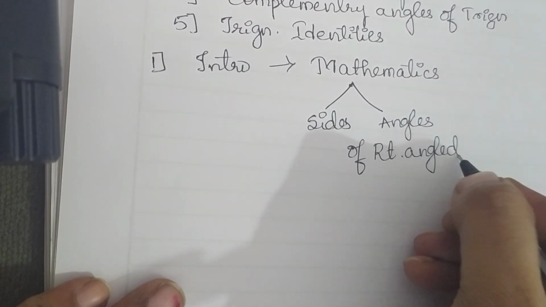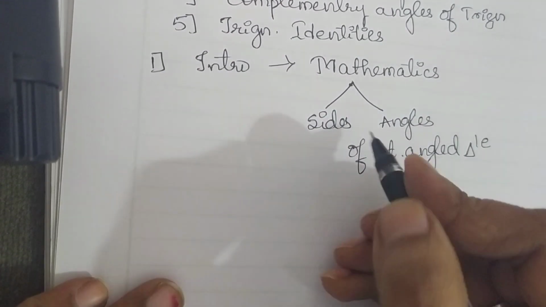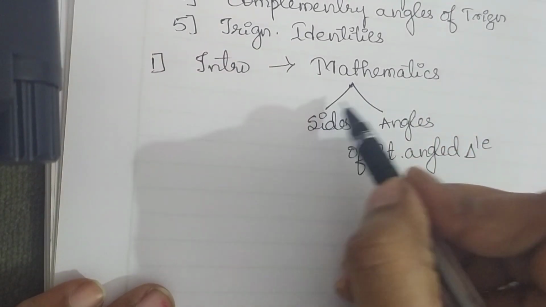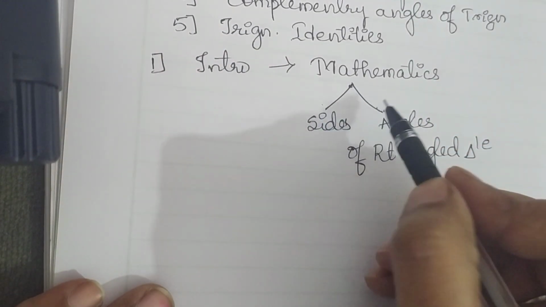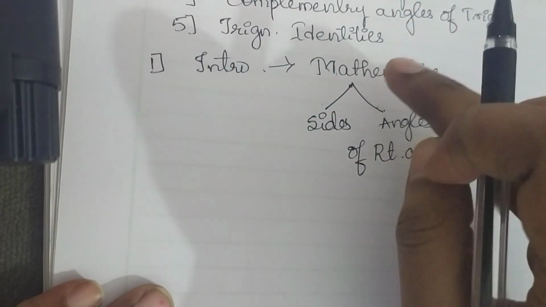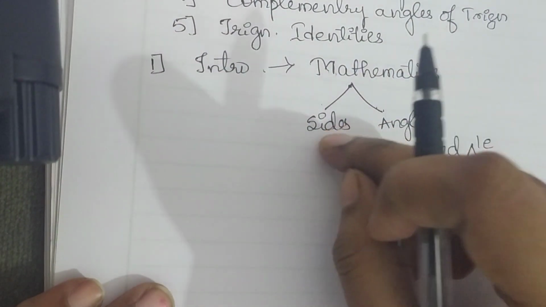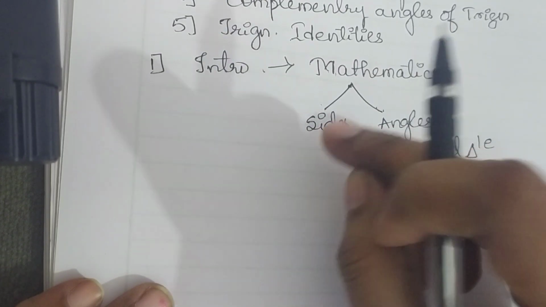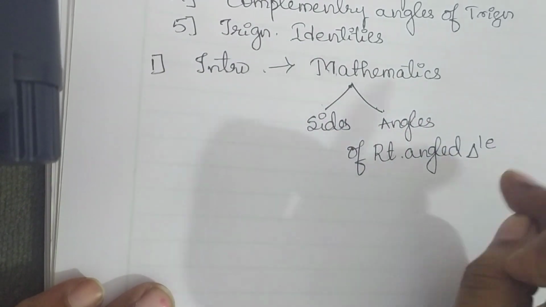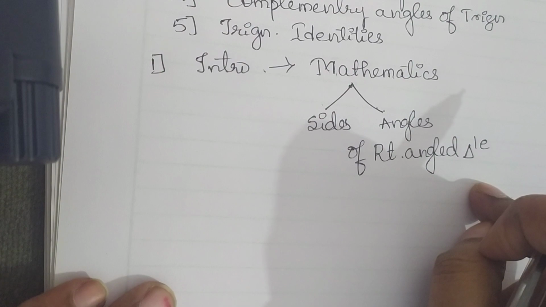Always the right angled triangle. We are learning the relationship between sides and angles of a right angled triangle.